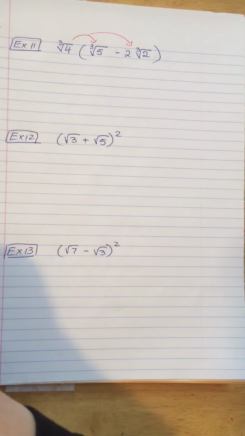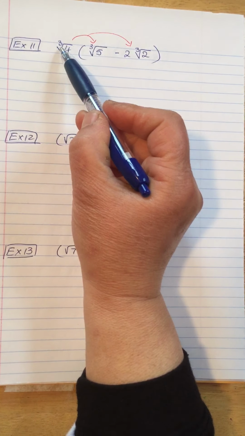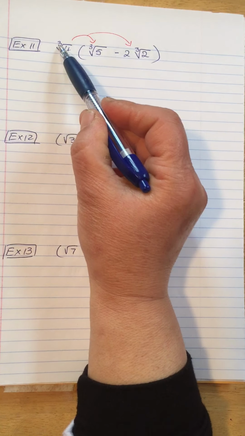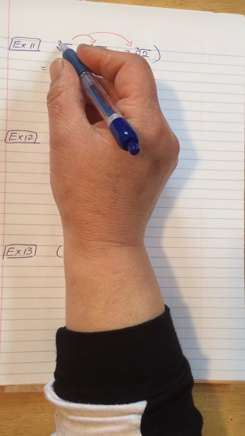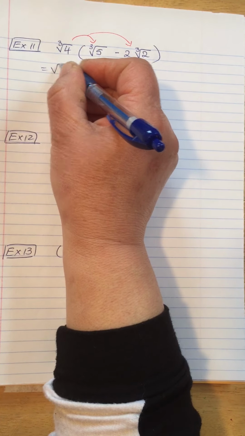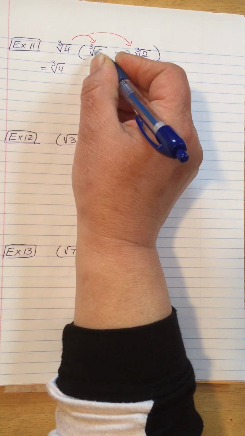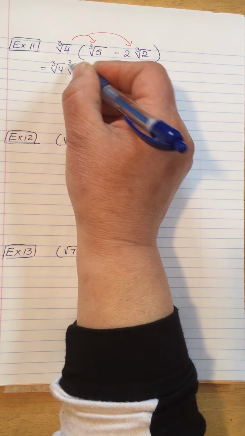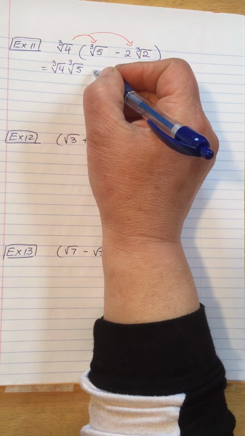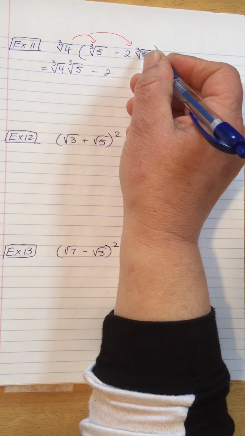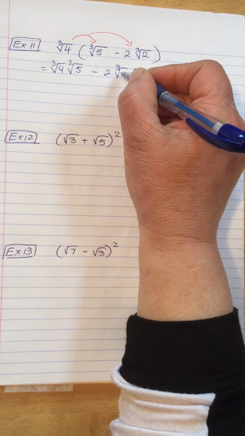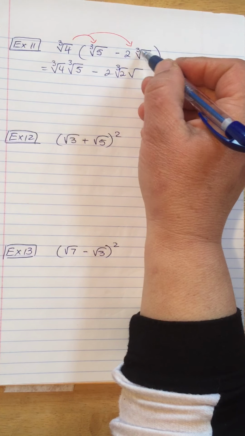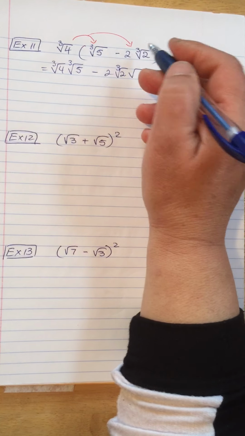So may I multiply? Yes, I can. Because I see the radicals have exactly the same index, so I can go and multiply. So what I have to multiply? The cubic root of 4 times the cubic root of 5 minus 2, the cubic root of 3 times the cubic root of 2 times the cubic root of 4.